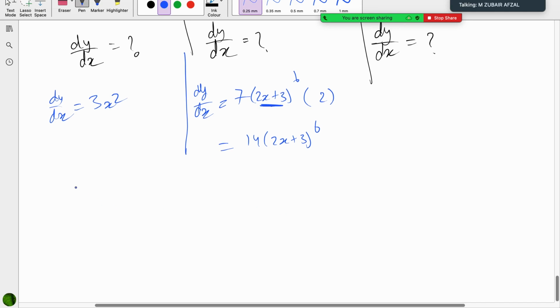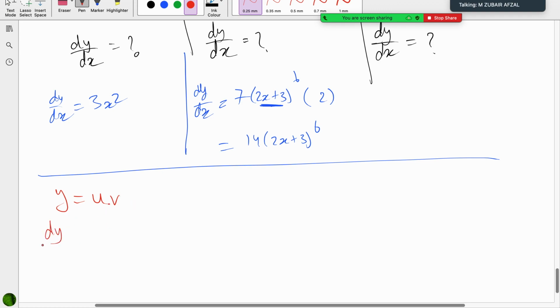Let's go into product rule first, and then we have further types, one of which is quotient rule. What the product rule is, when you have two brackets being multiplied with each other, u dot v, dot means multiplication. So dy by dx would be first function into differentiation of second, this dash represents differentiation, plus second function into differentiation of first.